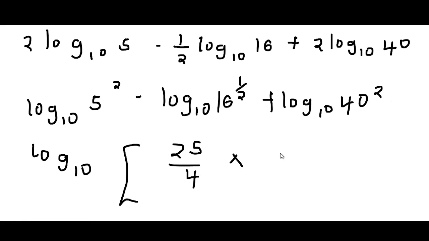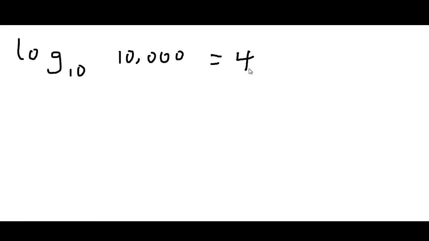So 40 squared is 1600, divided by 4, that is 400. So 25 times 400, we are left with log base 10 of 10,000, which is 4. So our answer will be 4.